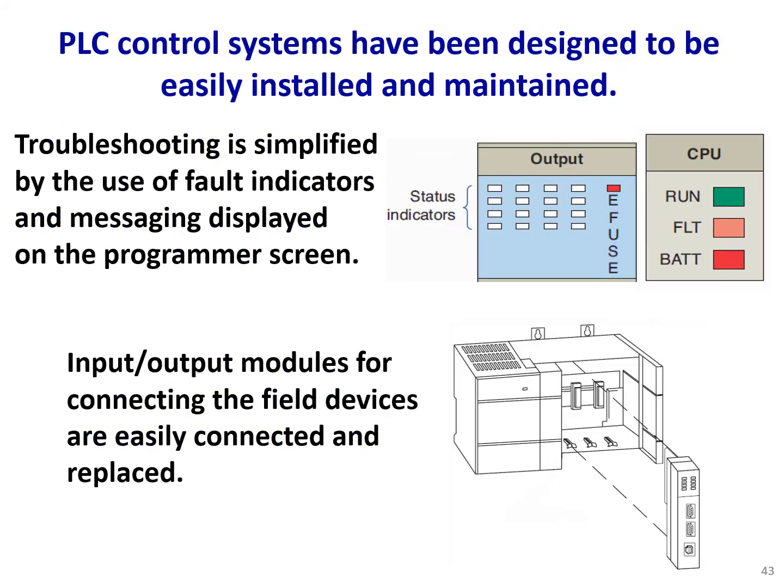PLC control systems have been designed to be easily installed and maintained. Troubleshooting is simplified by the use of fault indicators and the messaging displayed on the programmer screen. Input-output modules for connecting the field devices are easily connected and replaced.